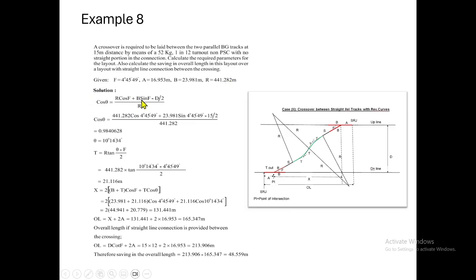B we can take from the standard measurement table, and d by 2, that distance is also given, 15 meter by 2. Substituting all values, you get theta equal to 10 degree 14 34. Once we know theta, we can find out the deflection angle and the tangent of the first curve. So T is equal to R tan of theta minus f divided by 2. We got that, it is coming around 21.116 meter.